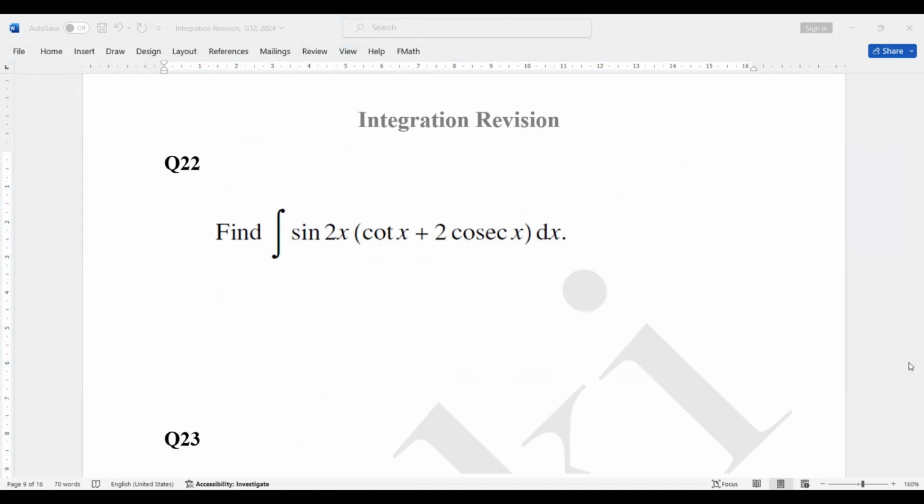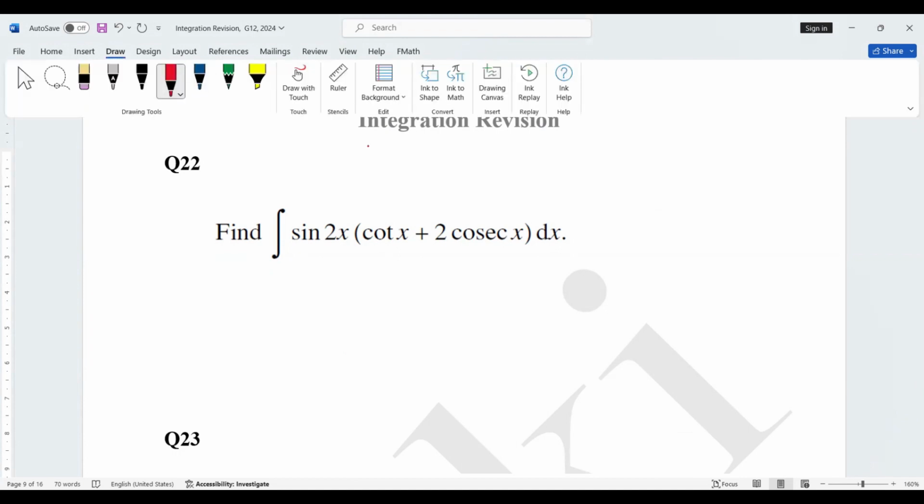Okay. I will help you with this. Sine 2x, remember the formula. Sine 2x equals 2 sine x cosine x.